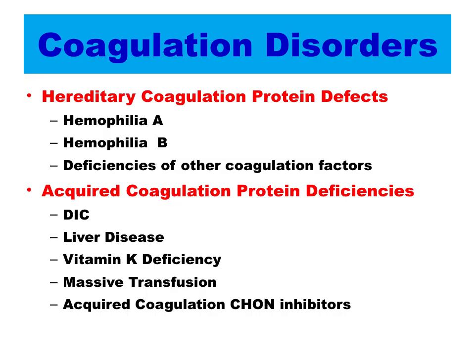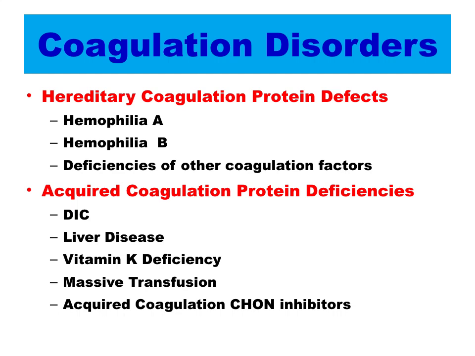Okay. We also encounter coagulation disorders. So this is now involving the coagulation pathways. There are certain hereditary coagulation protein defects like the hemophilias, certain deficiencies of other coagulation factors, or it can be an acquired coagulation protein deficiency, just like the ones listed here.